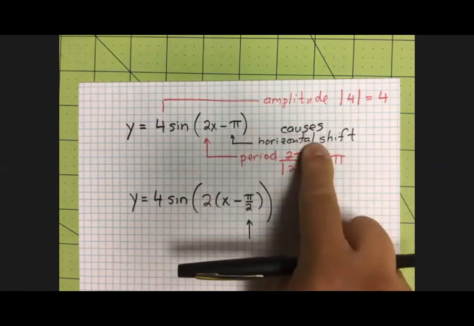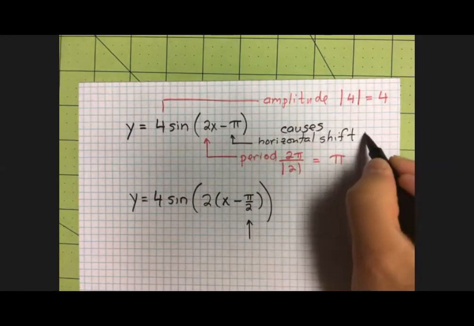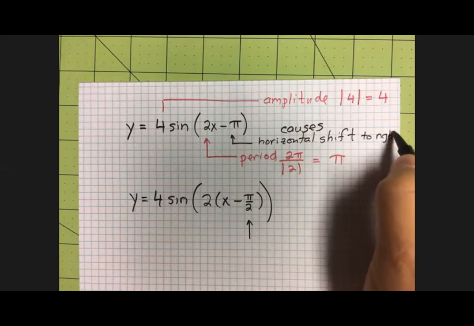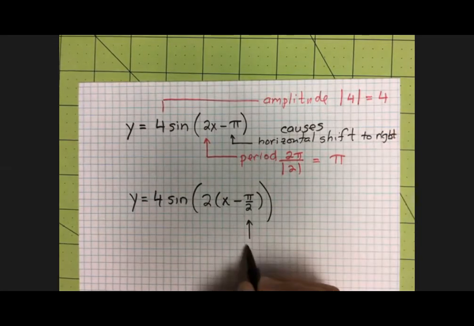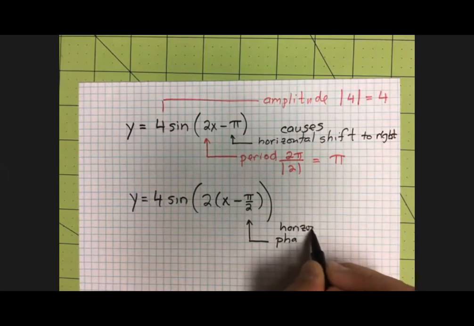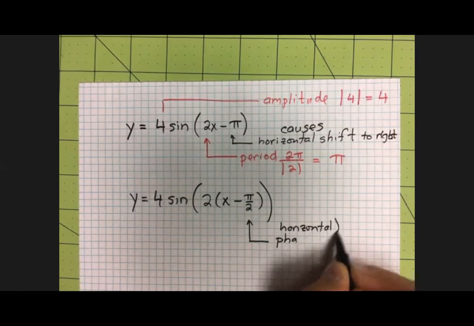This subtraction causes a shift to the right. But this tells me what that horizontal or phase shift actually is. The fancy word for a horizontal shift is called a phase shift.